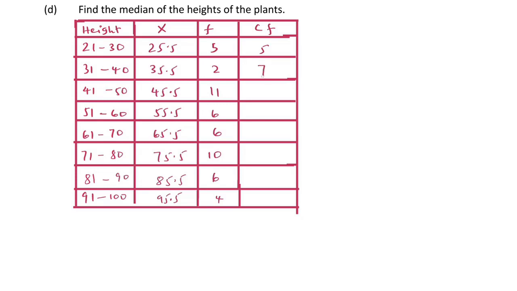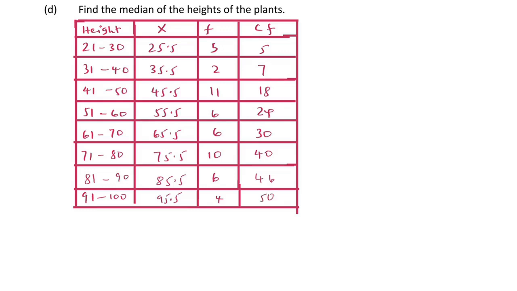The next one, we take 7 plus 11, which equals 18. Let us use the same approach to finalize the rest of the values. Next is 24, next is 30, next is 40, next is 46, and the last one is going to be 50.